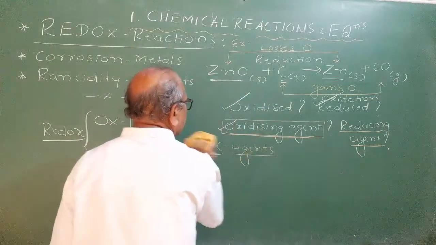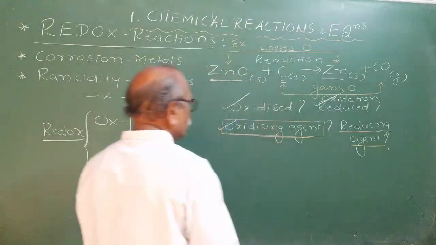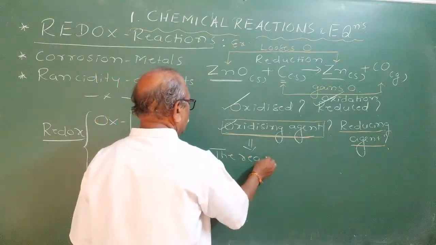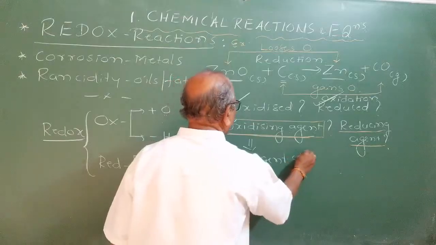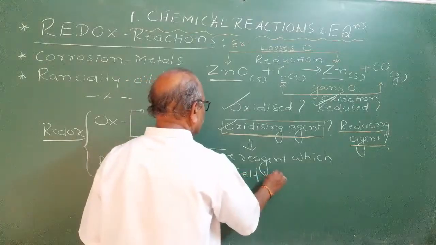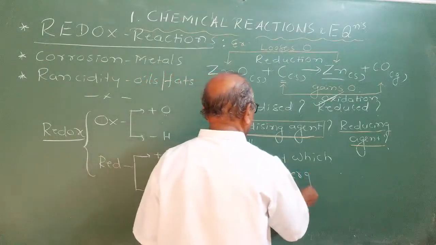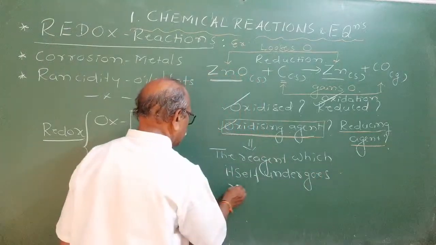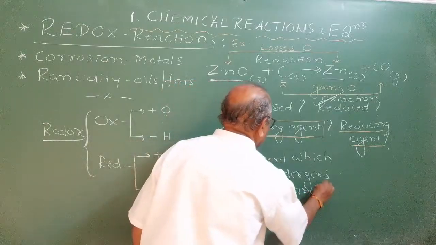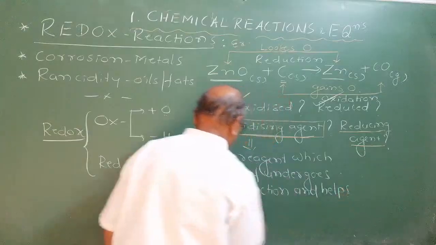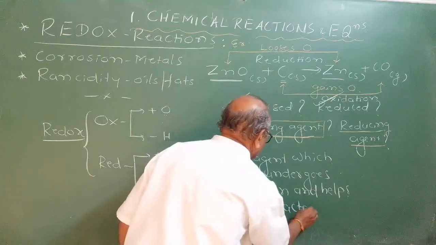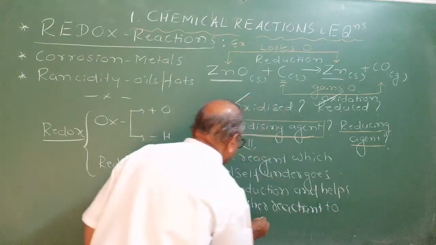You can understand the oxidizing agent as the reagent which itself undergoes, remember, which itself undergoes reduction and helps the other reactant to get oxidized.